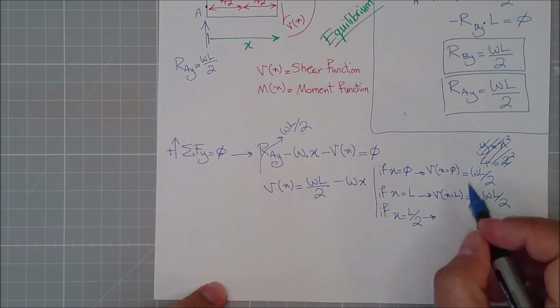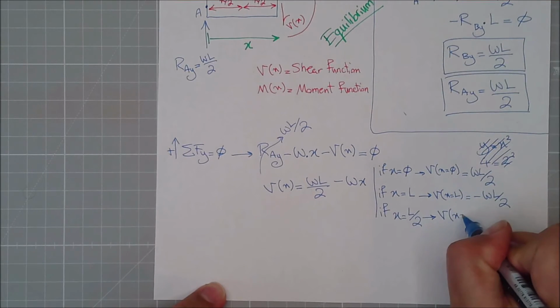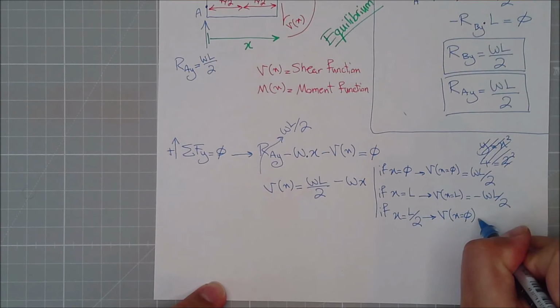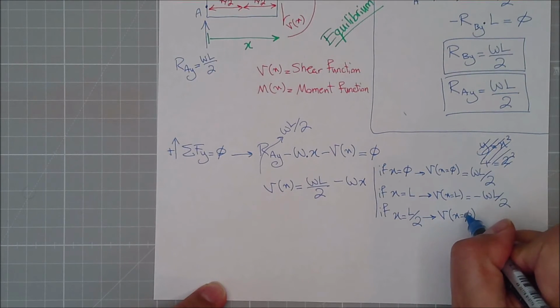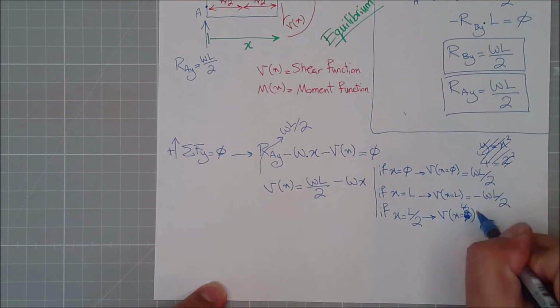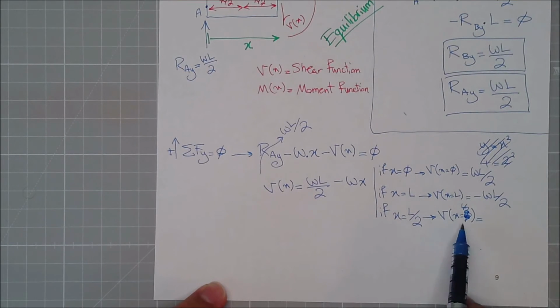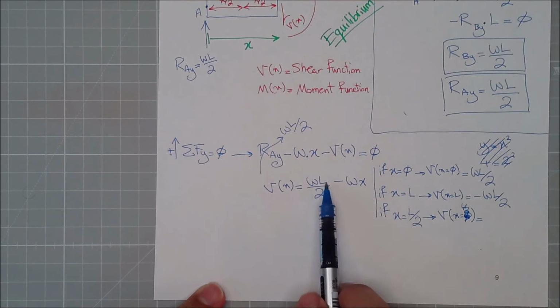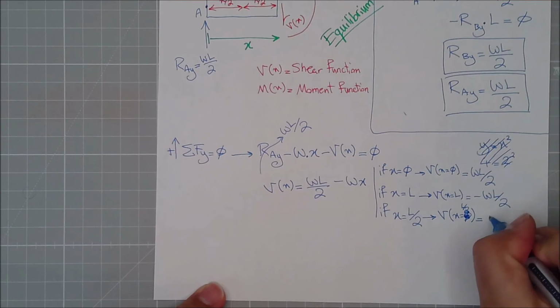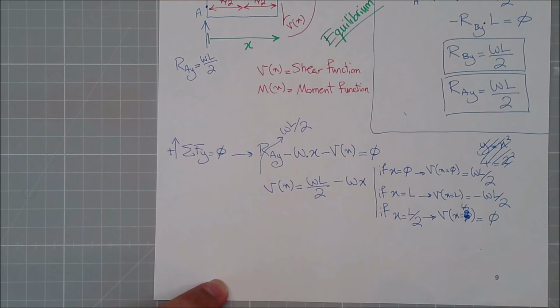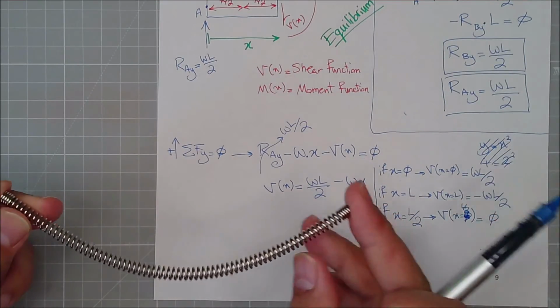So let's see. Sorry, what did I write? x equals L/2. What will it be? I'm putting L/2 here. WL/2 minus WL/2 will be 0. So it's saying that the shear at midspan will be 0. And I mentioned that I'm putting L divided by 2 because I'm interested in the moment at that point as well.